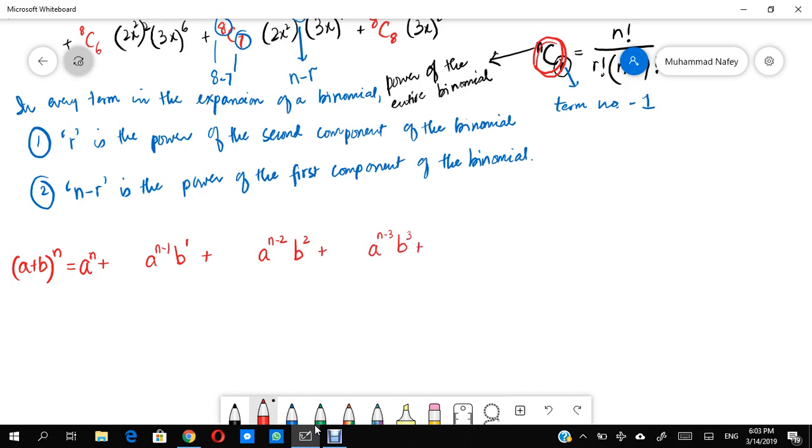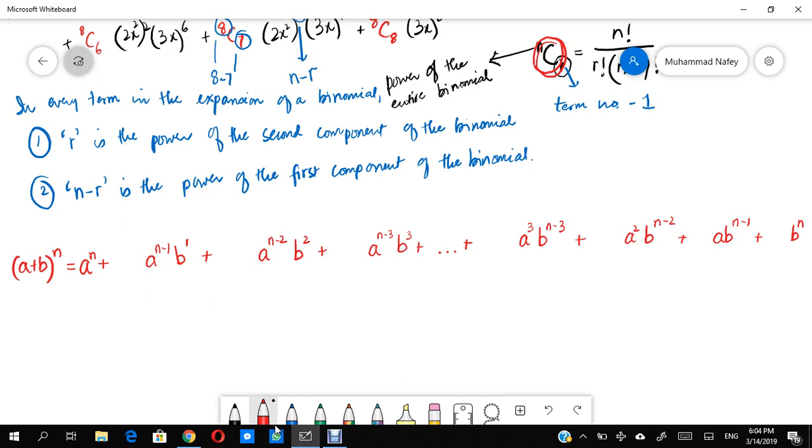This continues until we reach the end of the expansion, whatever the value of n is. So it would be something like a cubed b to the power n take away 3, add a squared b to the power n take away 2, add a b to the power n take away 1, finally b to the power of n.